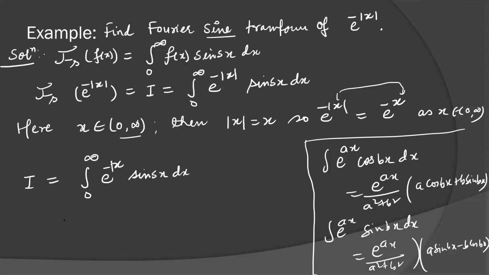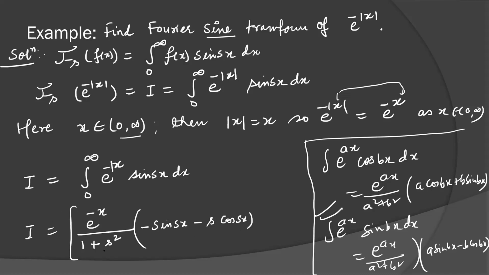If you compare this formula, you have minus 1 in place of a and s in place of b. So it will be e to the power minus x over a square plus b square, that is 1 plus s square, times (minus 1 sin sx minus s cos sx), with limits from 0 to infinity. I have used this important result here.